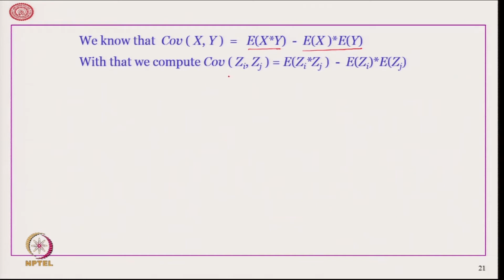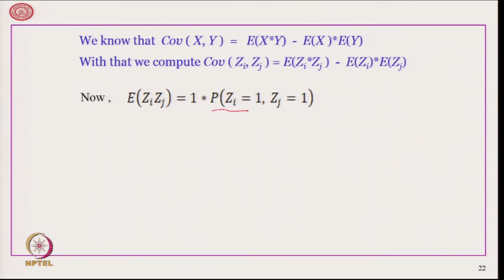Therefore, when we are trying to compute covariance of Z_i and Z_j, this is going to be expected value of Z_i Z_j minus expected value of Z_i times expected value of Z_j. Now, expected value of Z_i Z_j is equal to 1 times probability Z_i is equal to 1 and Z_j is equal to 1. Why?